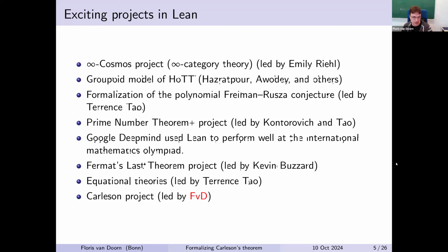So that is a gigantic project that will take many years. Then another project that was started by Terry Tao only 2 weeks ago is called Equational Theories, where basically the goal was, can we enable large scale collaborations using Lean?